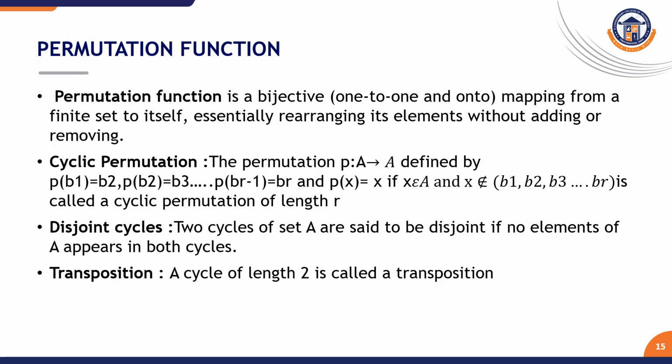The cycle permutation is nothing but a permutation P from A to A, defined by P of b1 equal to b2, P of b2 equal to b3, etc., and P of x equal to x for all x belonging to A and x not belonging to b1, b2, b3, etc. br, is called a cyclic permutation of length r. Disjoint cycles: two cycles of set A are said to be disjoint if no element of A appears in both the cycles. Transposition: a cycle of length 2 is called a transposition.